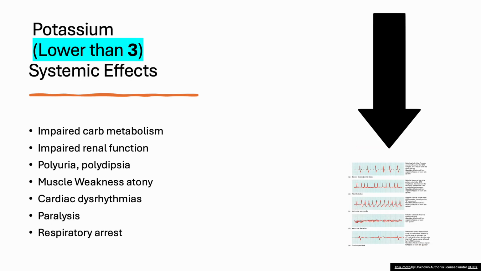Low potassium, lower than 3, has systemic effects of impaired carbohydrate metabolism, impaired renal function, polyuria, polydipsia, skeletal muscle weakness, smooth muscle atony, cardiac dysrhythmias, paralysis, and respiratory arrest. Those are the systemic effects of hypokalemia, so lower than 3.